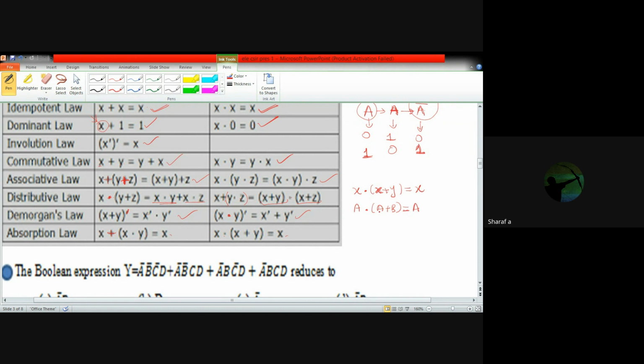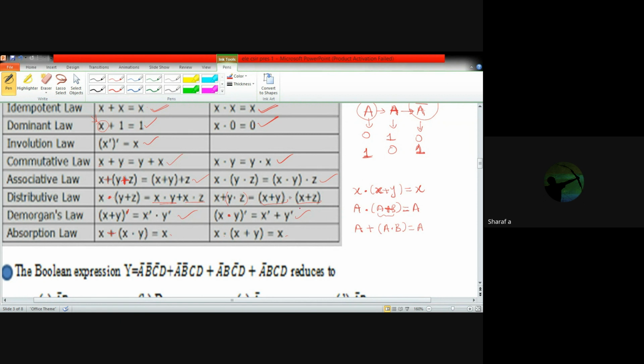So you are taking the OR operation of the variables a and b, then taking the product of that result with a, and that will be a itself. This absorption theorem is very important. Similarly, a plus a dot b also will give you a.